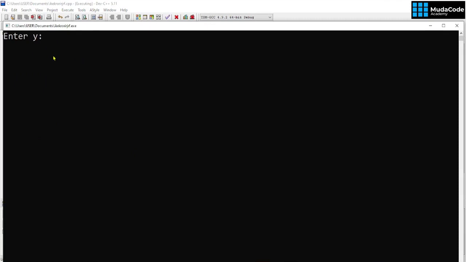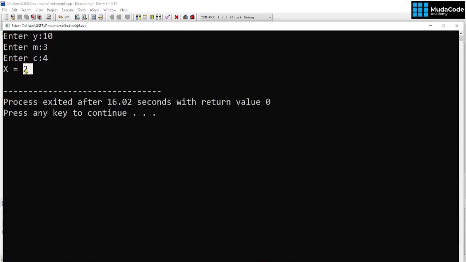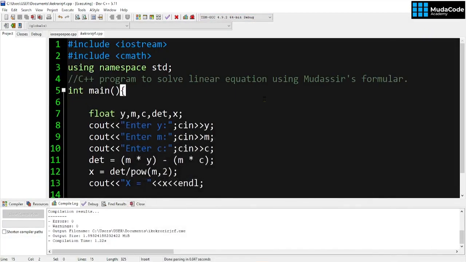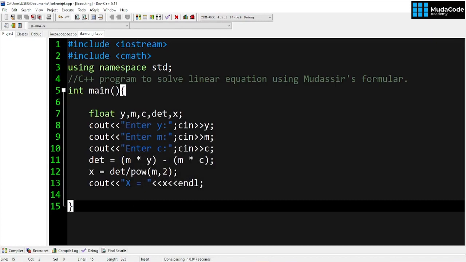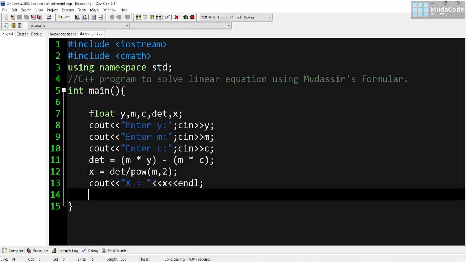From the equation, my y is 10. Then m, my m is 3 from that equation. c, my c is 4 from that equation. As you can see, x equal to 2. So we solved this using my formula, and we gave our compiler the formula here, so our compiler can understand the formula and solve this linear equation for us in a simple step.